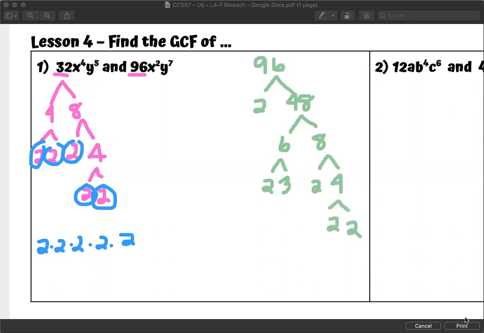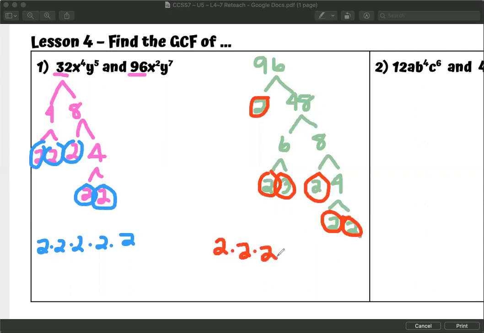So the prime factorization here is 2 times 2 times 3 times 2 times 2 times 2. I'm going to put them in order from least to greatest. So we've got 2 times 2 times 2 times 2 times 2 times 3.